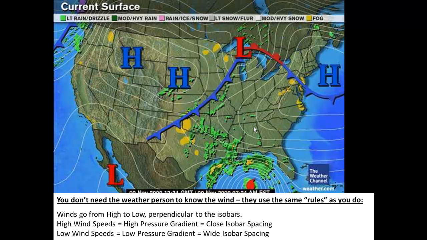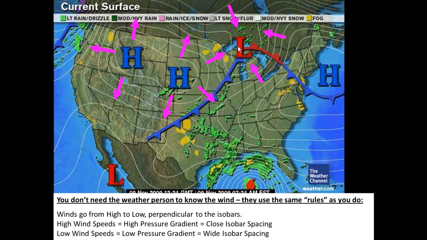So you look at your weather map and you figure out where are the highs, where are the lows, where are our isobars, and then you draw in the wind direction. If you want to do that, you can hit the pause button, otherwise we'll go on, and there we go. High pressure here, wind is blowing down the pressure hill perpendicular to the isobars.